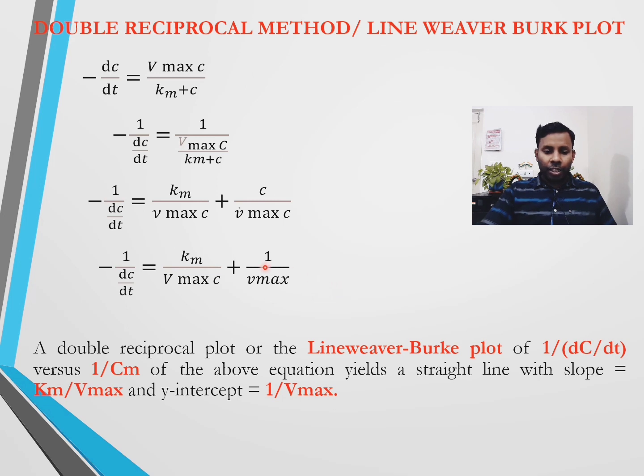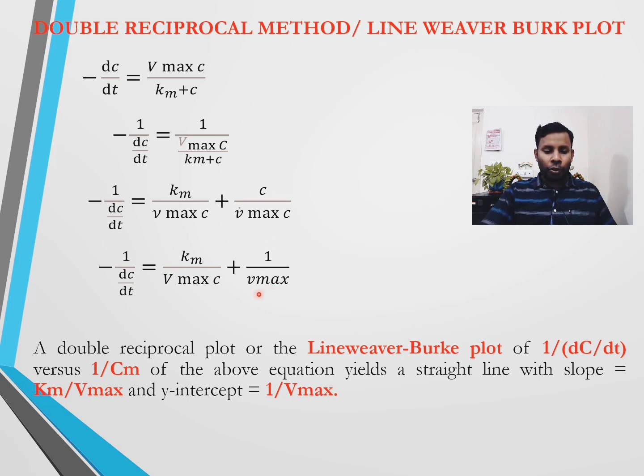So this equation is also an equation of a straight line. If you see minutely, this is y is equal to mx plus c. So this is y, x will be 1 by C, Km by Vmax will be the slope, and 1 by Vmax will be the y intercept.